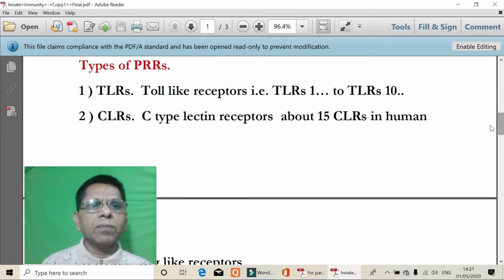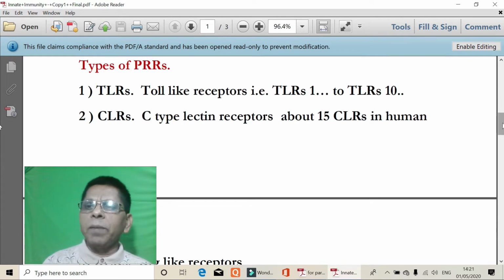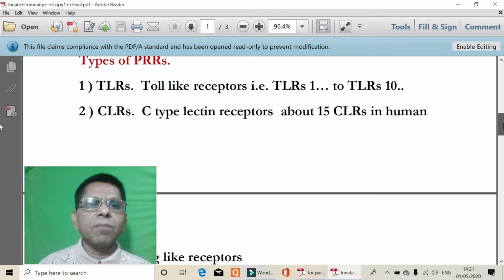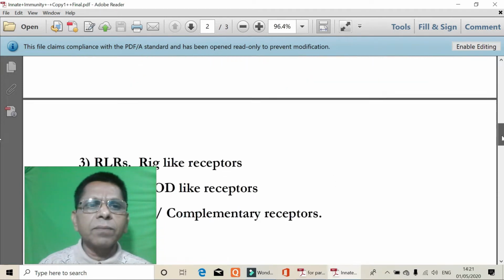Number 1, the TLRs, that is toll-like receptors. There are 10 toll-like receptors present in the human being. Number 2, CLRs, that is C-type lectin receptors. About 15 CLRs are present in the human.